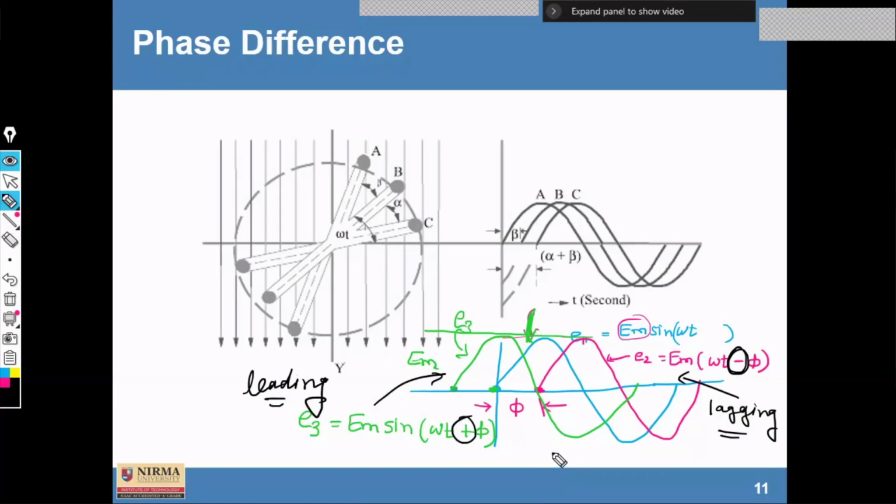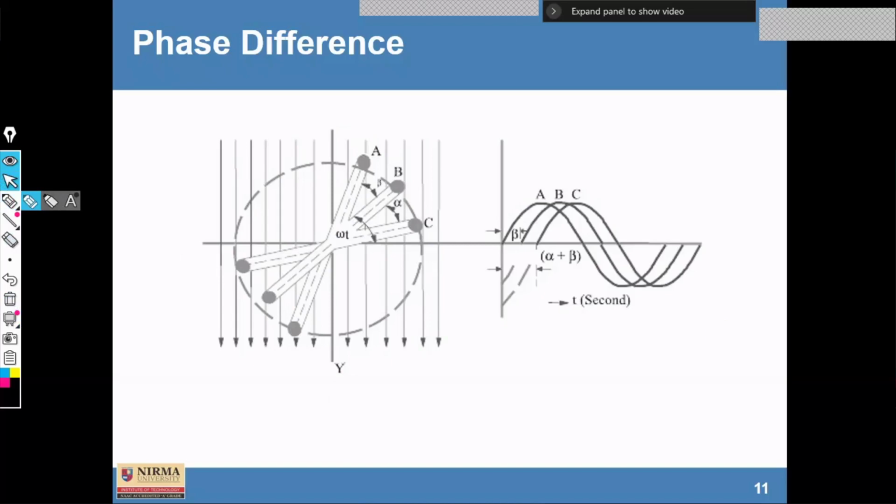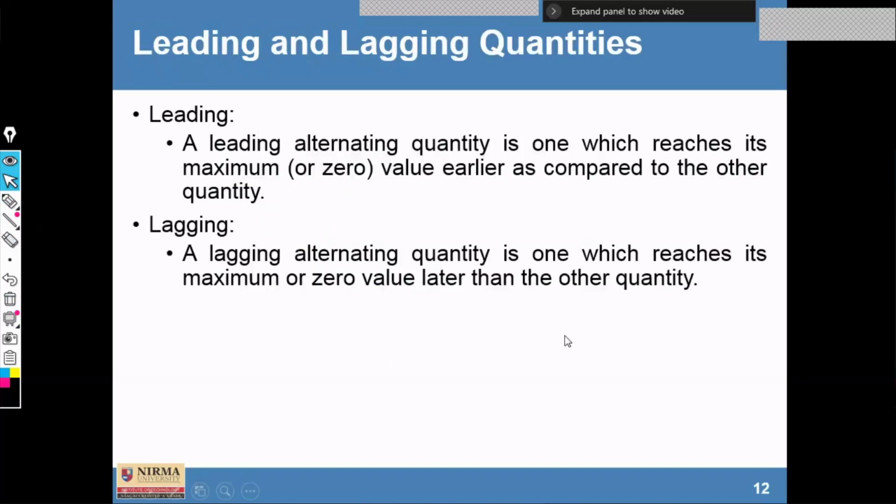So with respect to the reference, you can identify the leading and lagging quantities. What is the definition of a leading quantity and a lagging quantity? These are the definitions.